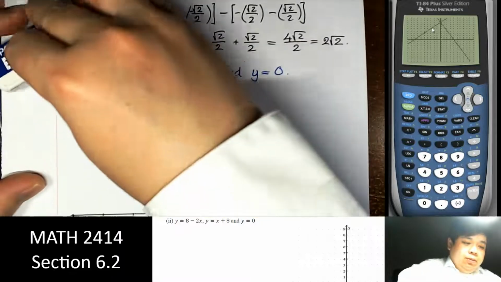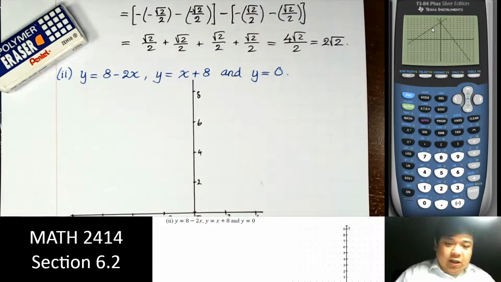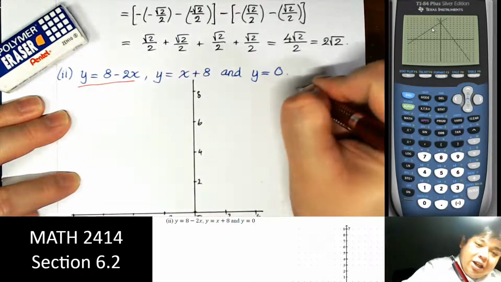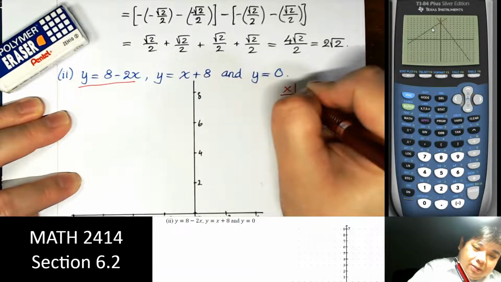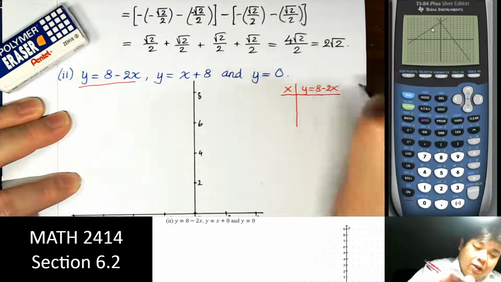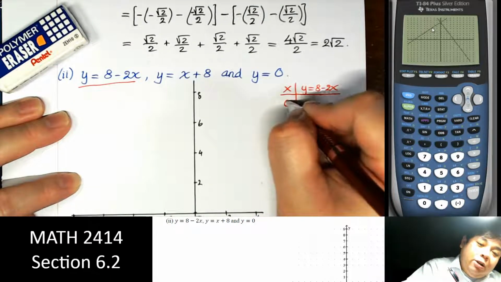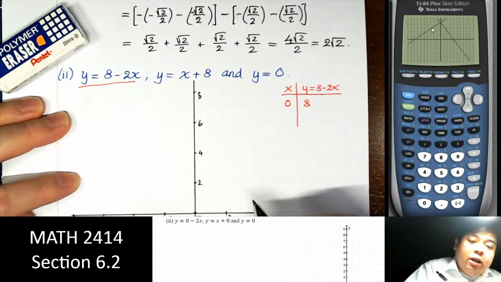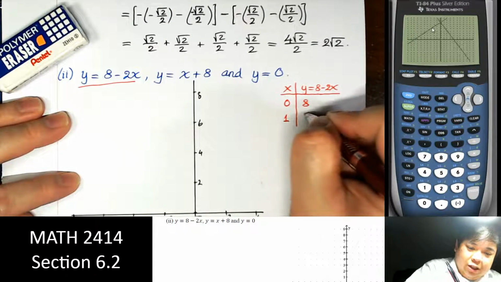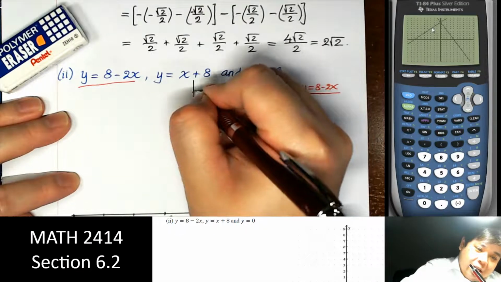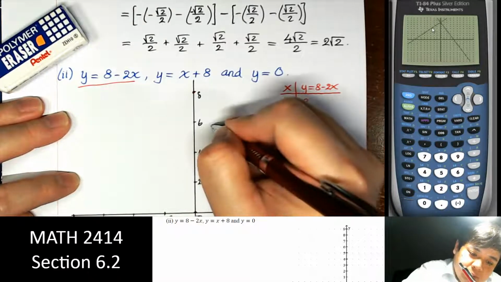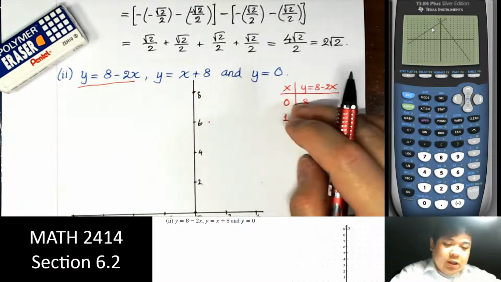First, let's look at this graph. That is the linear function, so this will be easy. Choose some values for x. When x equal to 0, y equal to 8. When x equal to 1, y equal to 6. So we have this.